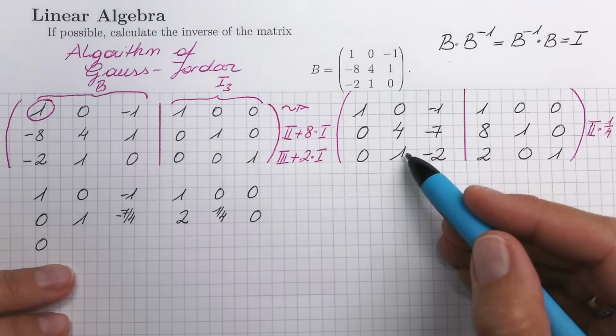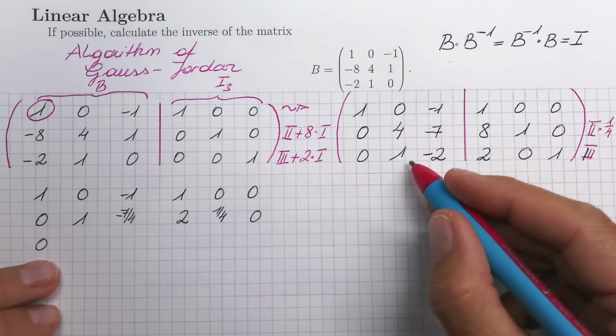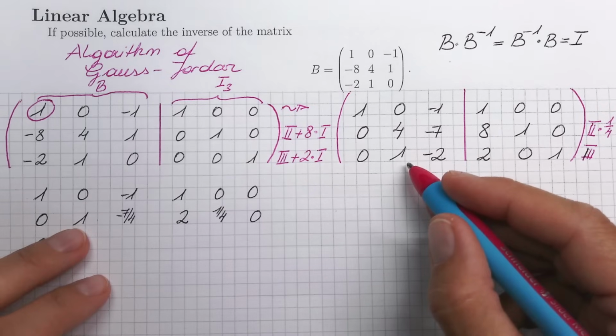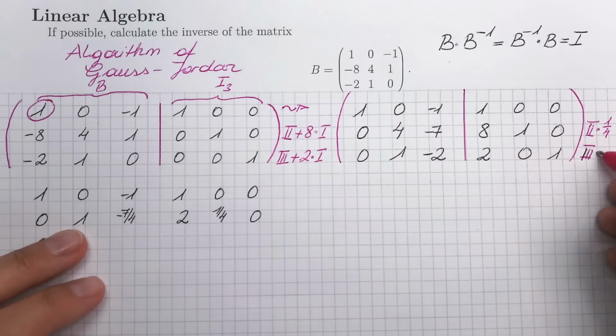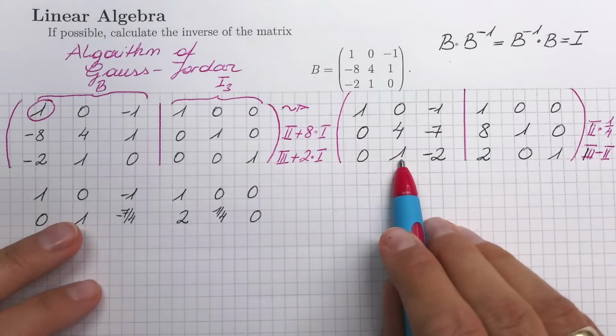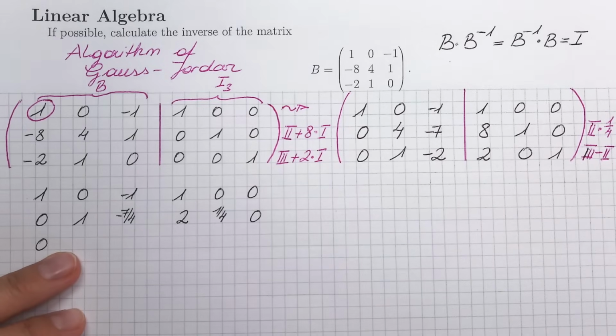So what we do here is we take the third row, it's this one here, and we subtract the new second row. Why? Because 1 minus 1 equals 0. Attention, it has to be the new second row. Okay, but that's fine for us.